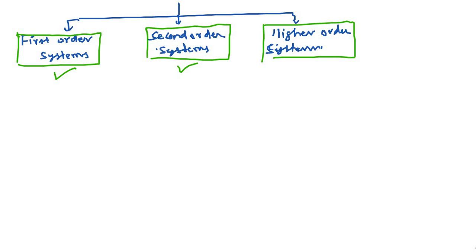Automatically you can do the analysis of higher order systems easily, because higher order systems can be constructed using second order and first order systems. You can attach them together and get third order, fourth order, fifth order systems and so on.